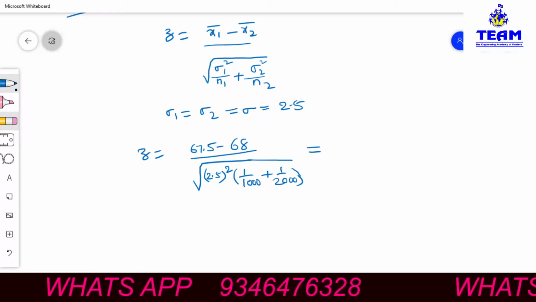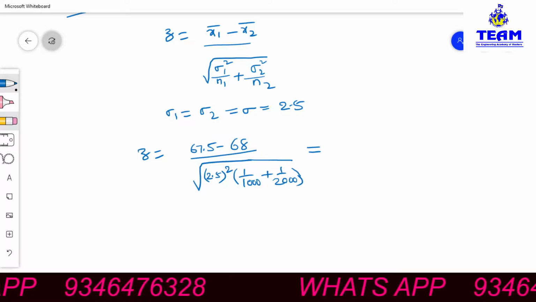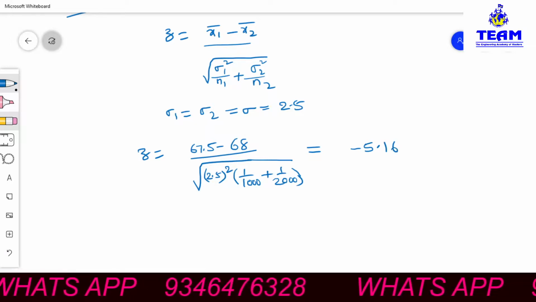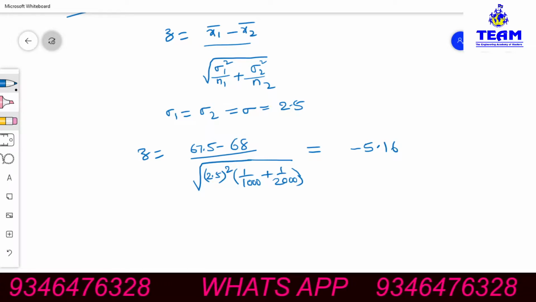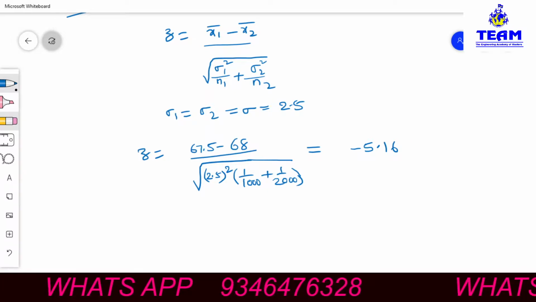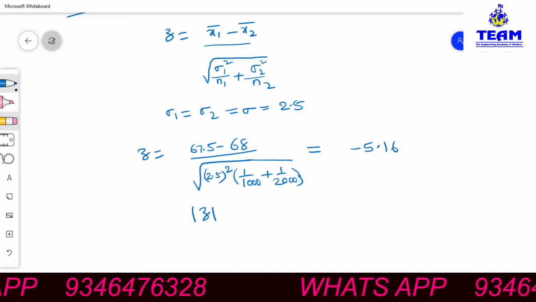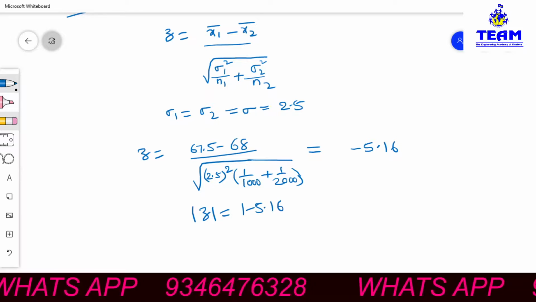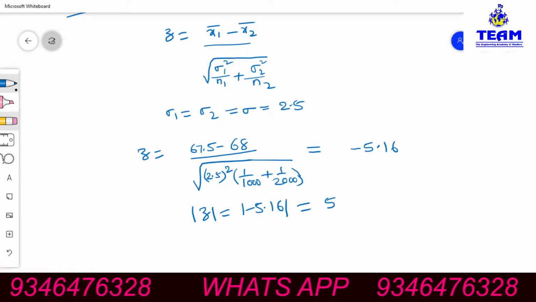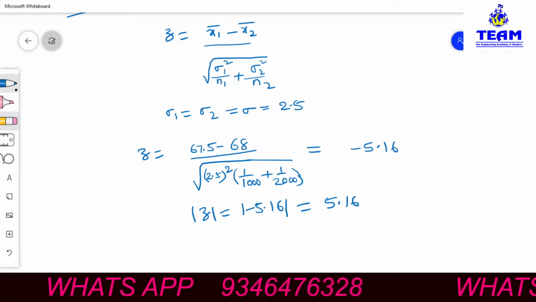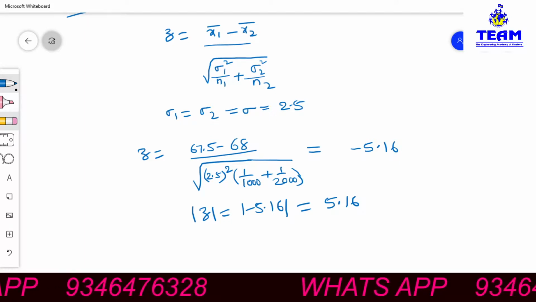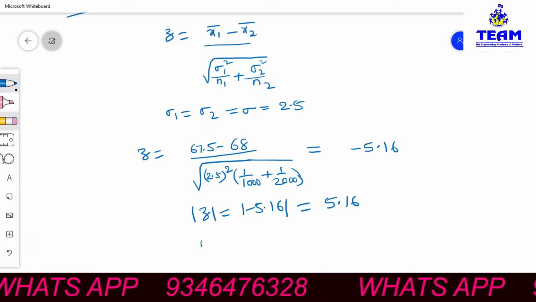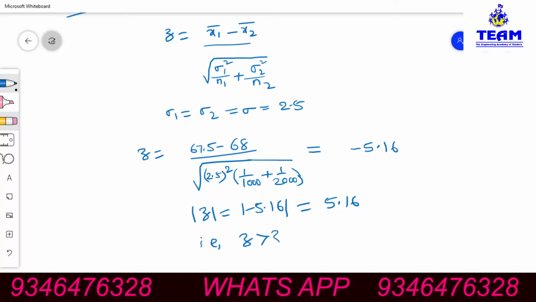On simplifying with a calculator, we get this value as minus 5.16. Of course, we already know that whenever the test statistic value is less than 0, we have to take the absolute value of Z, that is modulus of Z becomes modulus of minus 5.16 is equal to 5.16. Here also the test statistic value is greater than 3, that is Z is greater than 3.